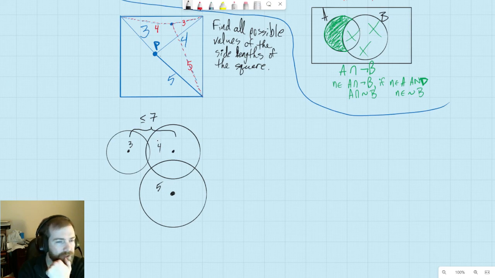Alright, the side length can be 7. We could have done the same here, but that just means that this is going to be less than or equal to 9, which, again, this supersedes that, right? We, of course, have to have it be less than or equal to 7.